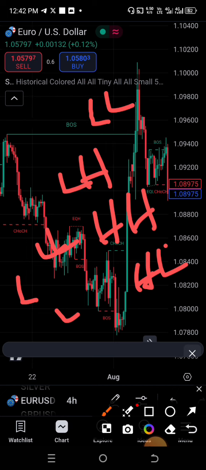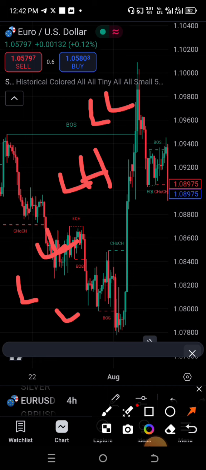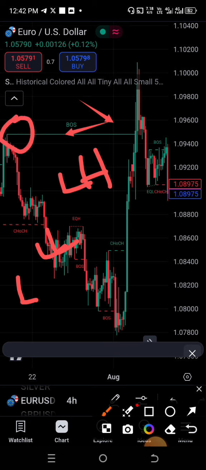You can see the break of structure here. This is a break of structure here. You can see a break of structure here because the previous high gets completely broken.